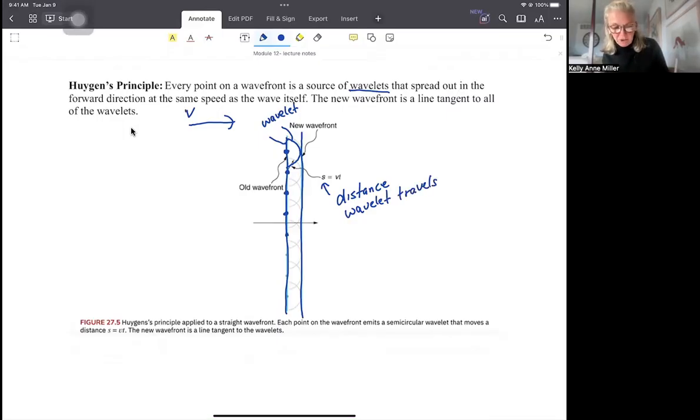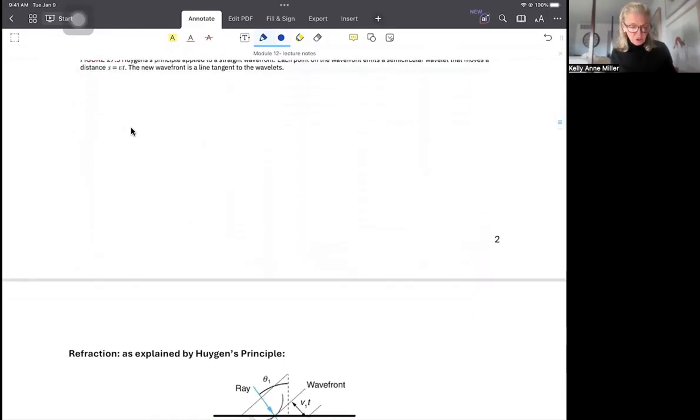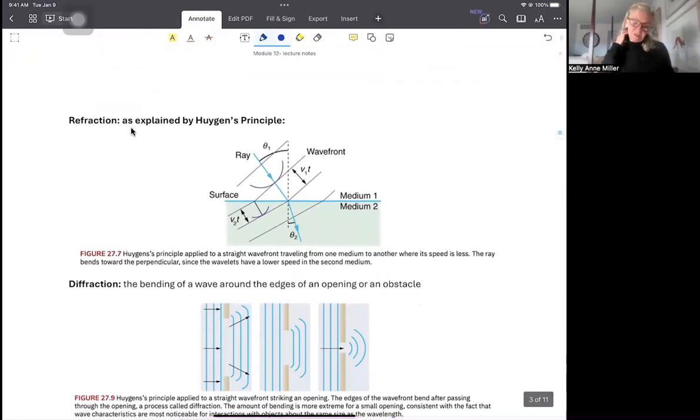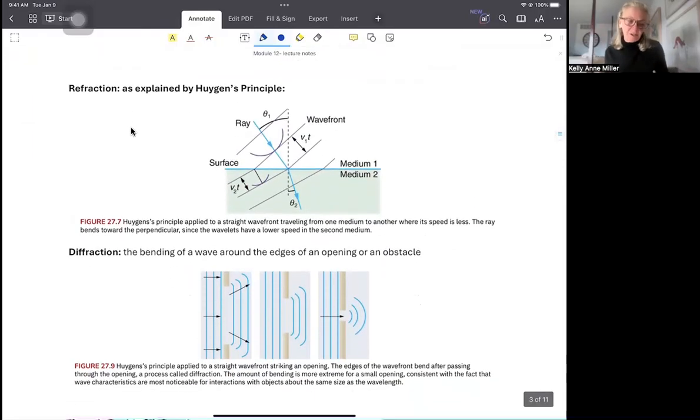If the wave is traveling at a speed of v, then we know that velocity is just displacement over time. So S is the displacement, the distance the wave has traveled in that time, S equals vt.